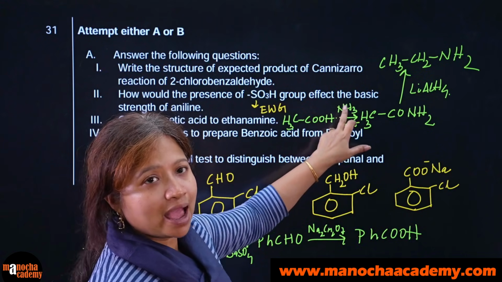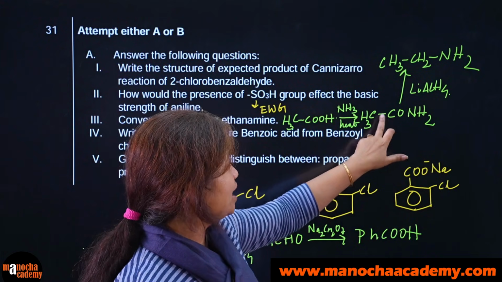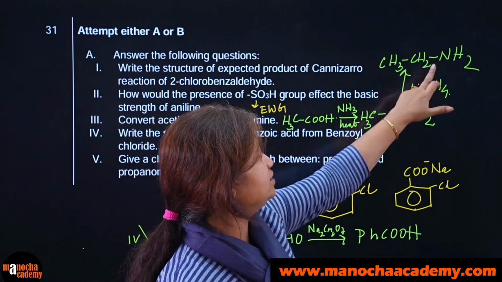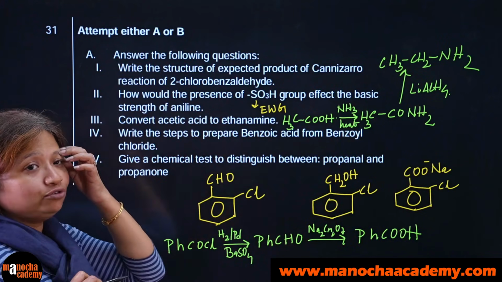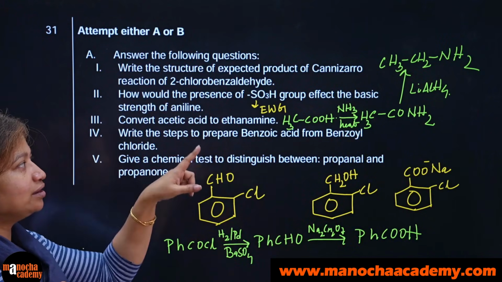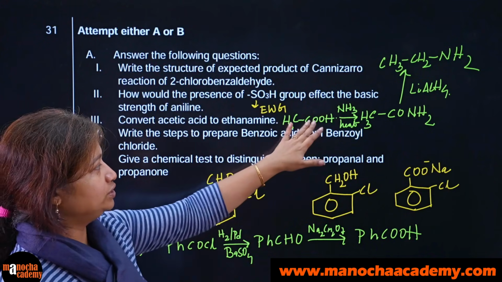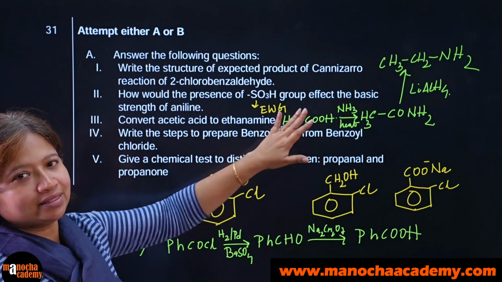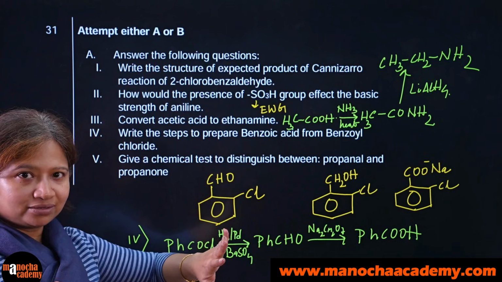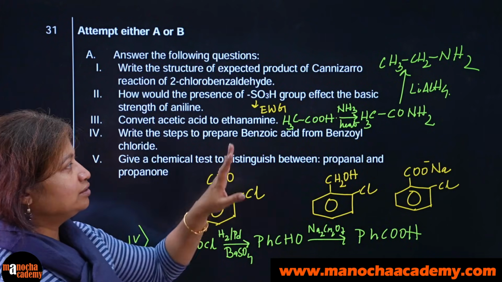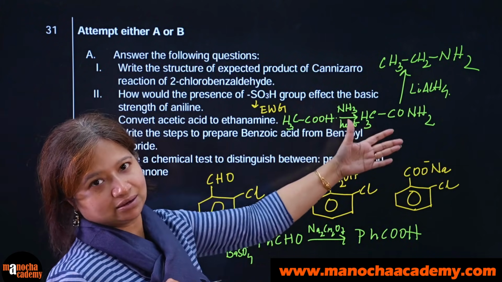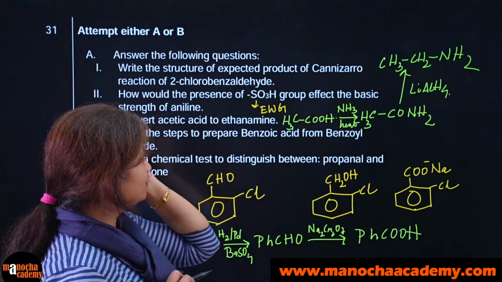Direct from the acid, ammonia, heat, you get the amide, and when you reduce this amide, you get ethanamine. You don't have to do so many steps. This is a better conversion than the sample paper has given you. So I would like you to follow this, because there the steps are more. Both are correct. It's not incorrect. But fewer steps means it's always a better conversion. So this is the one.